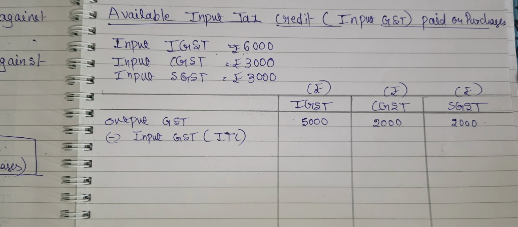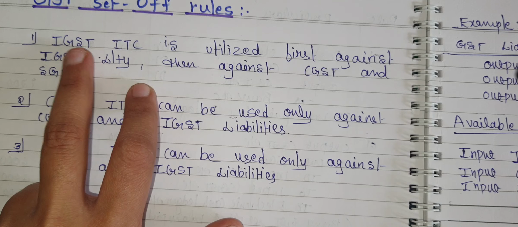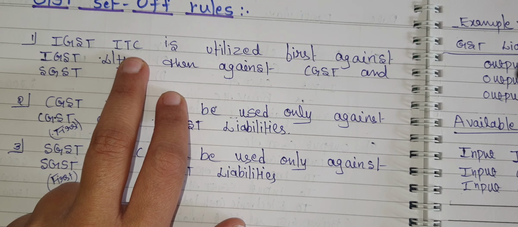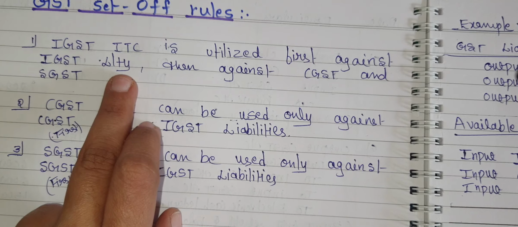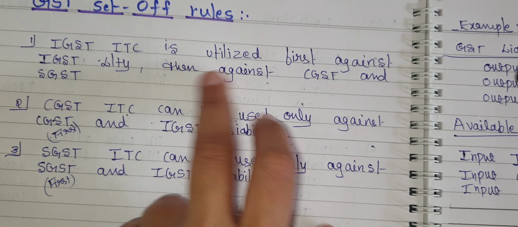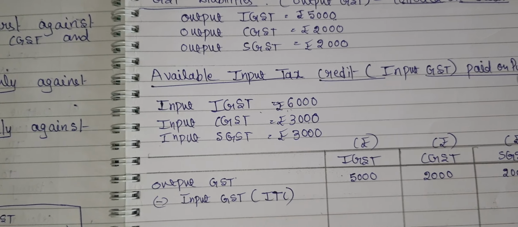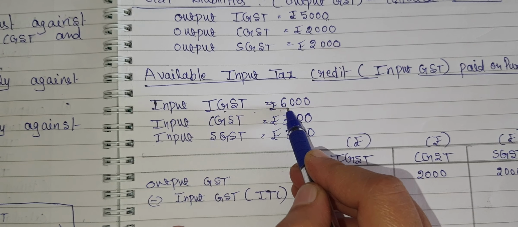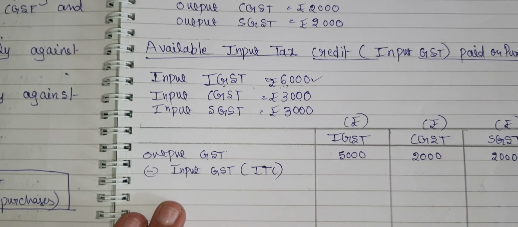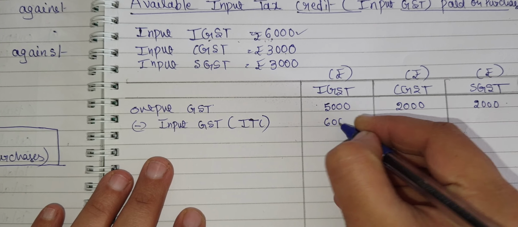So here, IGST input tax credit is utilized first against IGST liability and then against CGST and SGST. See here, input IGST is rupees 6000.